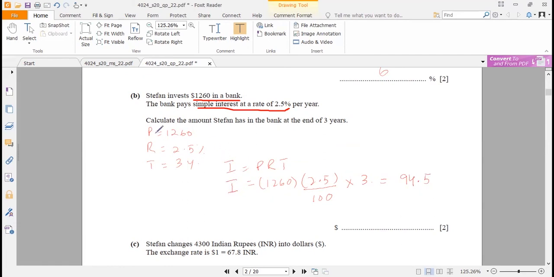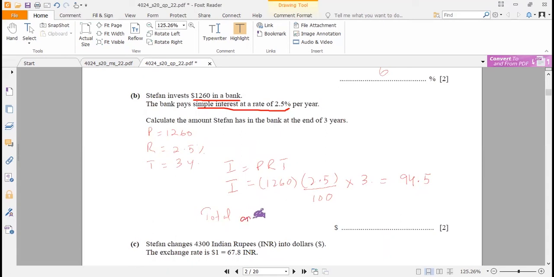But the question is asking us to calculate the amount Stephen has in the bank at the end of 3 years. It means that we have to answer the total amount he has after 3 years. So obviously, we need to add the capital as well.